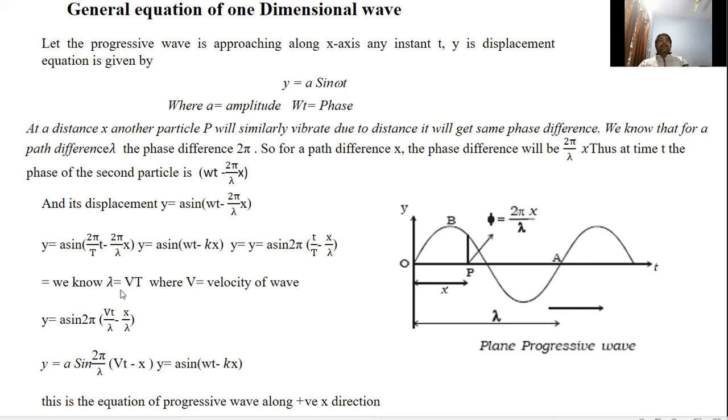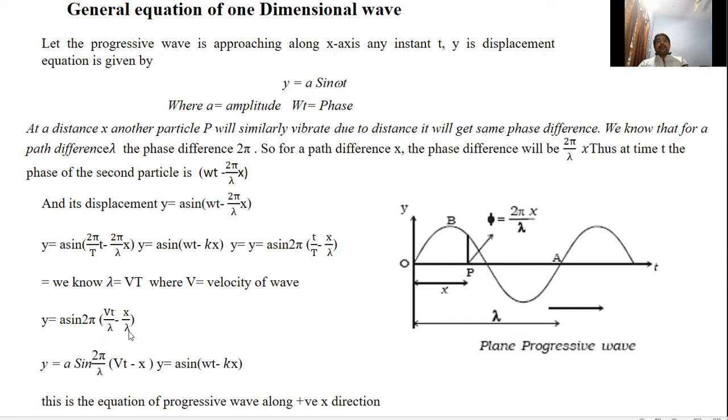We know that the velocity of the wave is given by v = fλ, and f = 1/T, so λ = vT. If we substitute λ = vT, the expression becomes y = a sin 2π(vt/λ − x/λ).